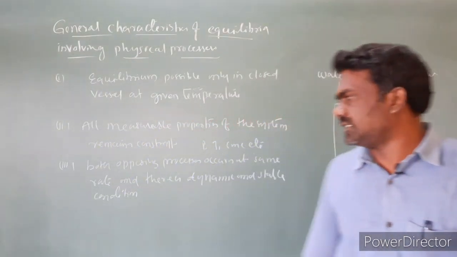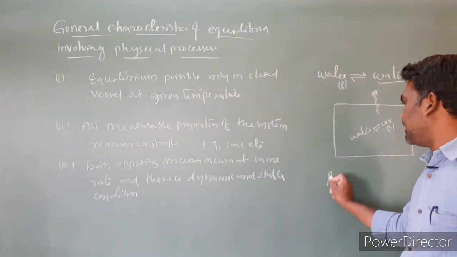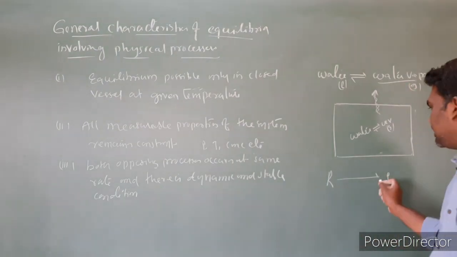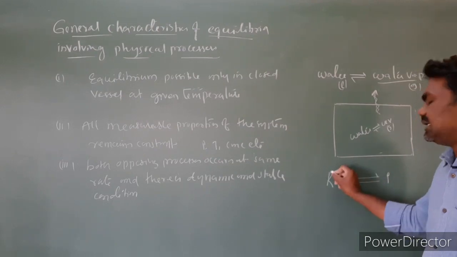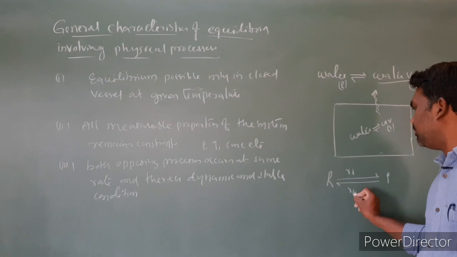This statement means that we know forward reaction as well as backward reaction: reactants converting into products, and in turn products converting into reactants. Reactants converting into products is the rate of forward reaction, and products converting into reactants is the rate of backward reaction.